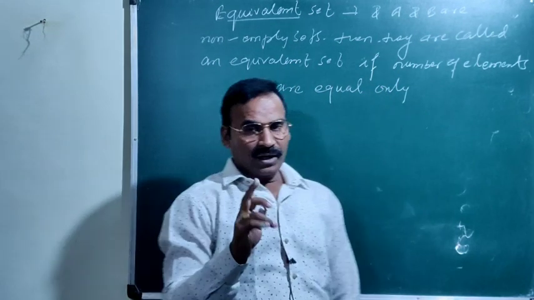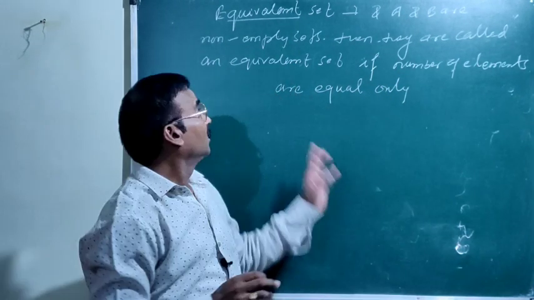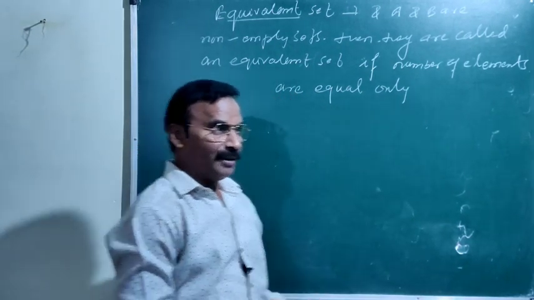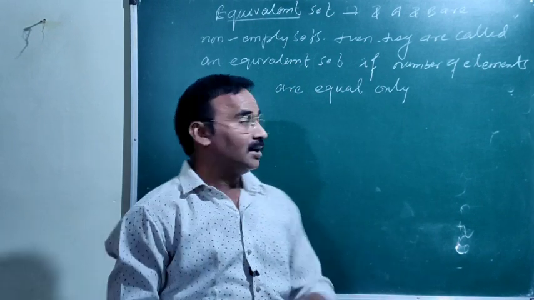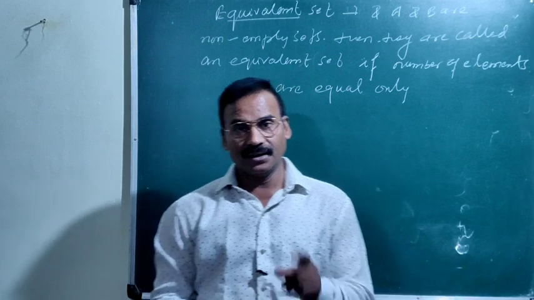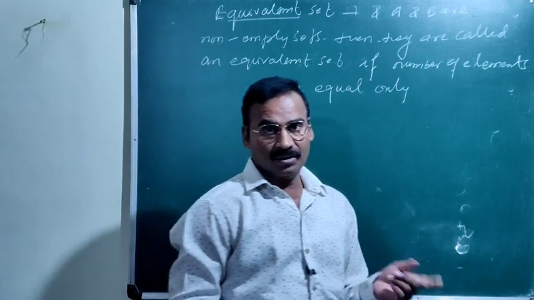So there is only one difference between equivalent set and equal set. In equal sets, the number of elements as well as the elements are equal, and in equivalent sets, only the number of elements must be equal.